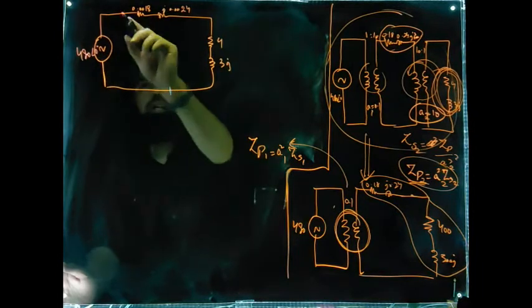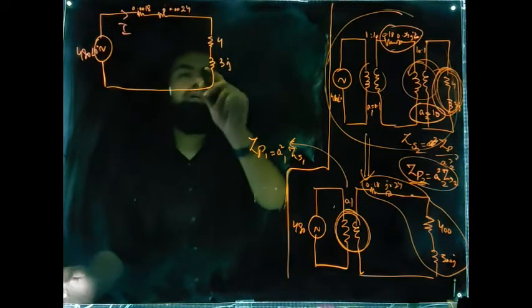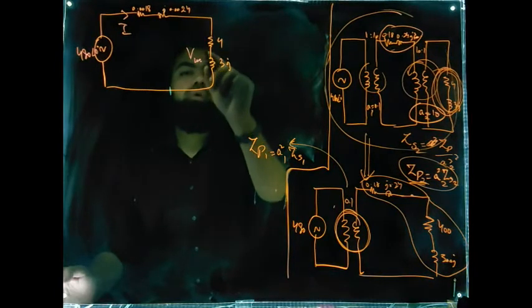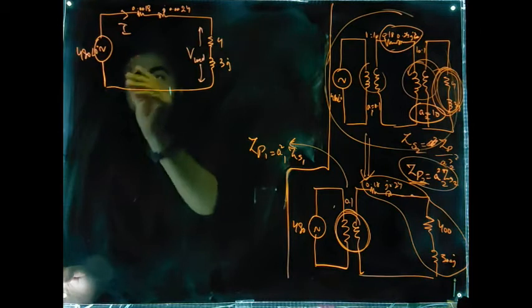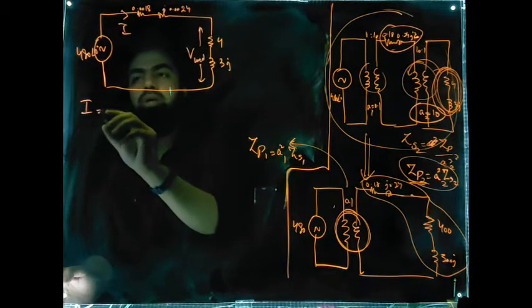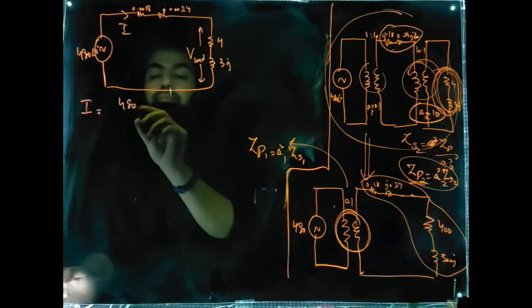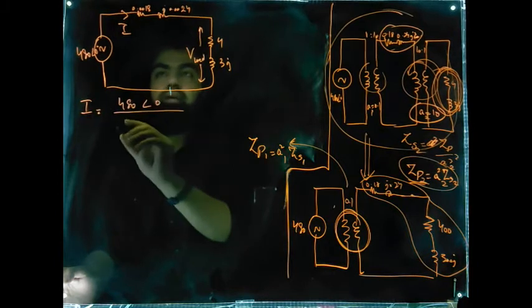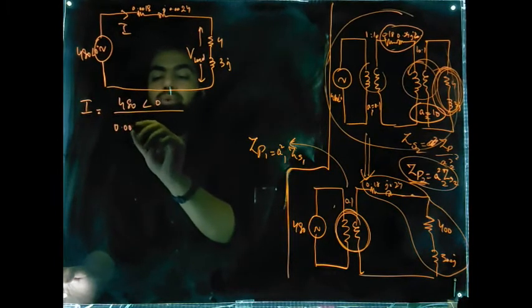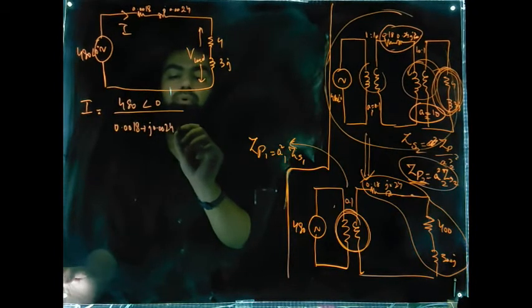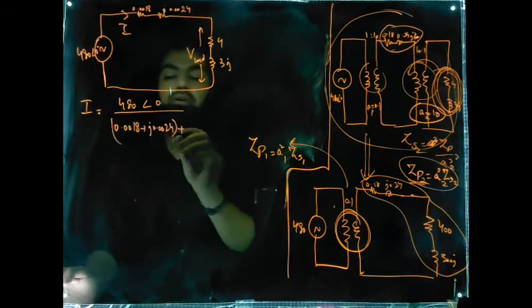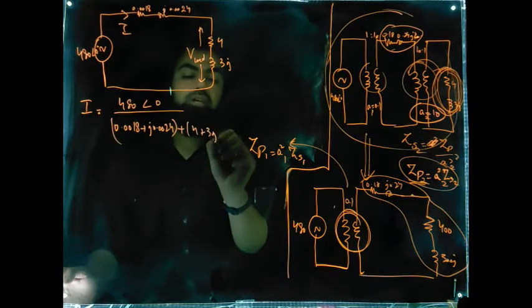Now again we can find out the current I flowing in this circuit, then we can find out the load voltage, and then we can find out the I square R losses. So I for the circuit will now be equal to 480 angle 0 divided by 0.0018 plus J 0.0024 plus 4 plus 3J.